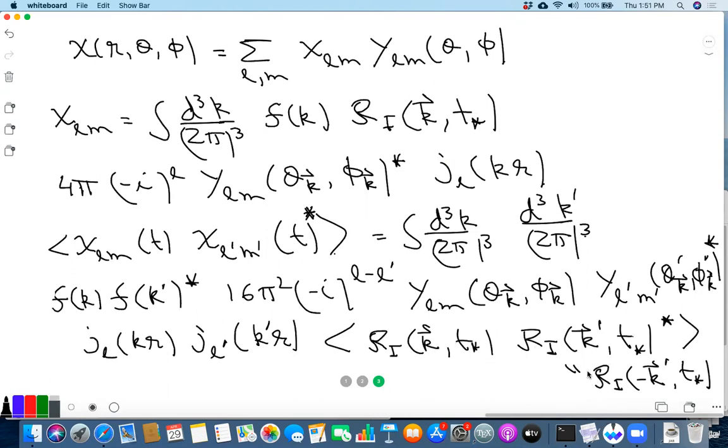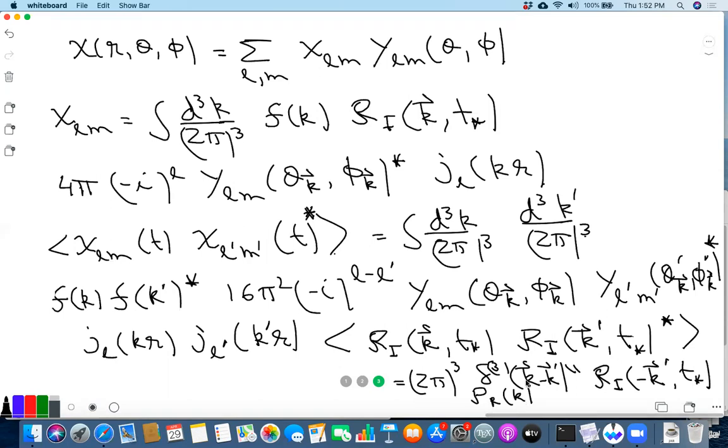Now this one we have calculated earlier. If you remember the result, in fact we had defined something. We call this 2 pi cube delta cube k minus k prime. The minus sign is simply because there's a minus here. And then whatever is left, we call it PR, the scalar power spectrum, PR of k.